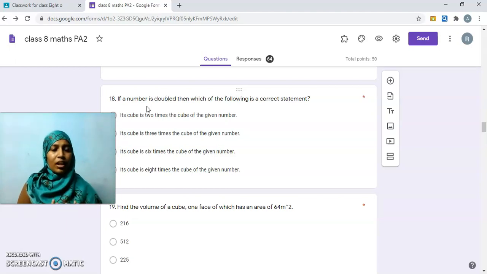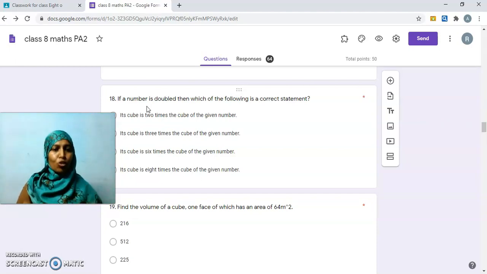So in general, I can say let the number be n. If I double that n, I will multiply by 2. So it becomes 2n. Did you understand, children? n is a number. That number is doubled. So I have 2n now.